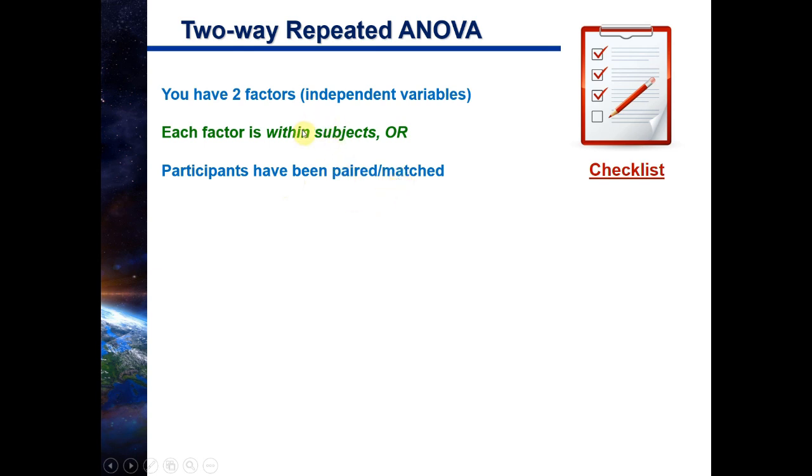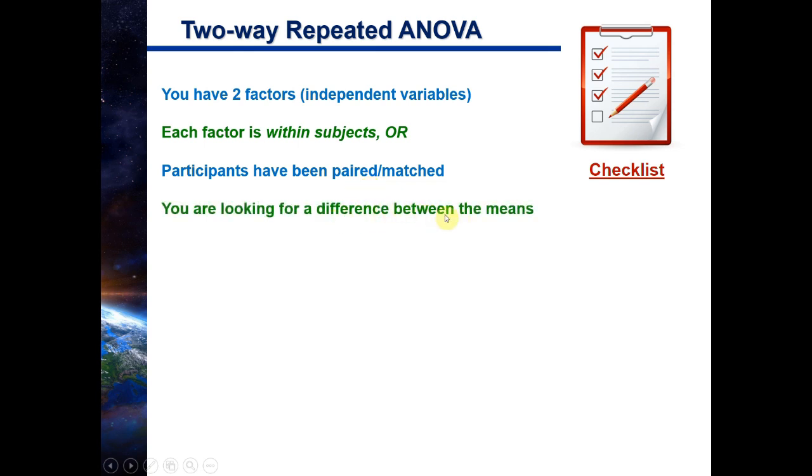So you could have, in theory, both factors within, both factors are paired or matched, or you could have one of each, all right? Because remember, if they've been paired or matched, they're treated as though they are within subjects, okay?